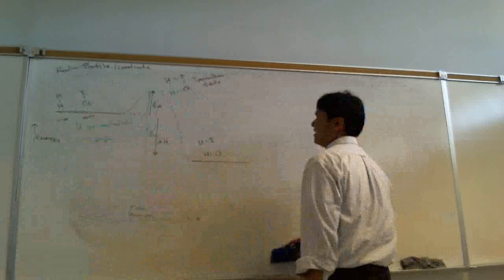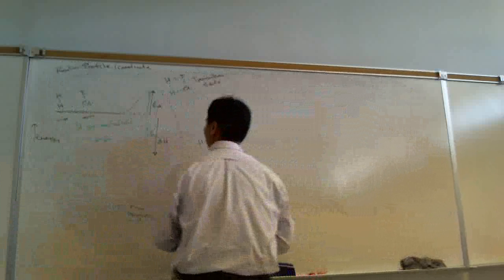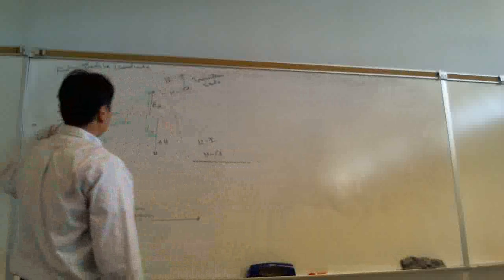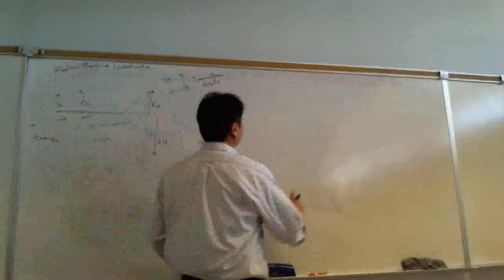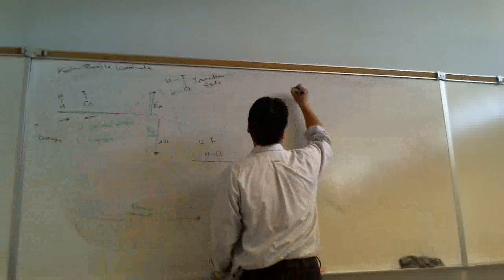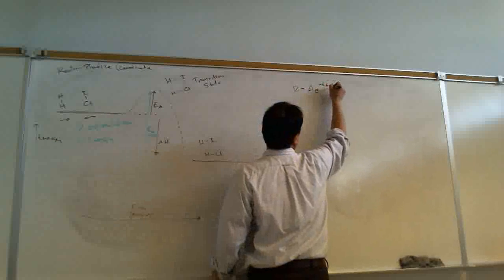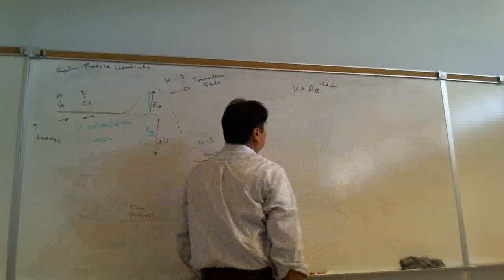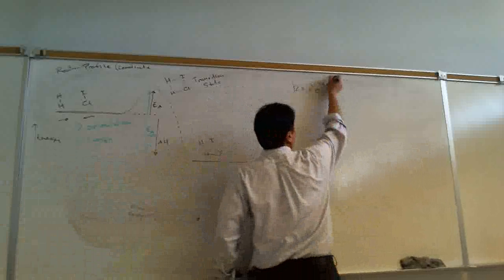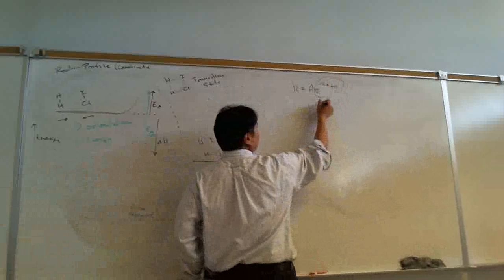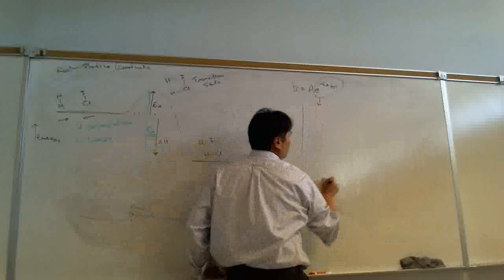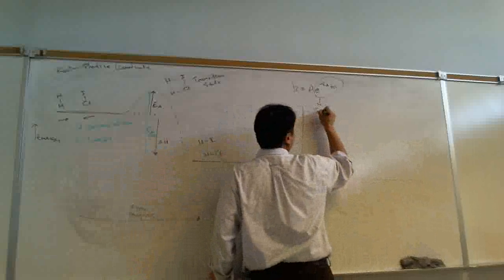It's less likely because when we look at collision frequency, when we look at this term here, k equals A e to the minus E sub A over RT. Look at this term here. What does this relate to? This relates to our thermal distribution.